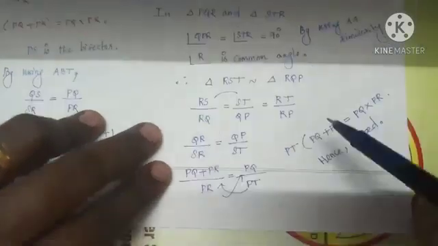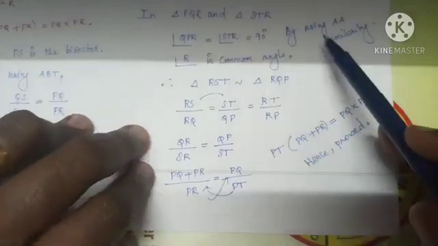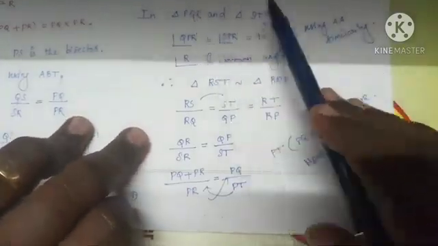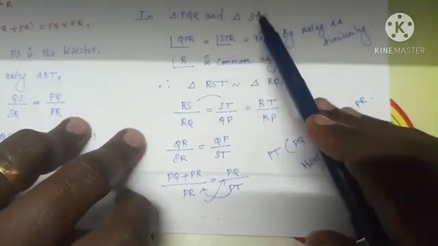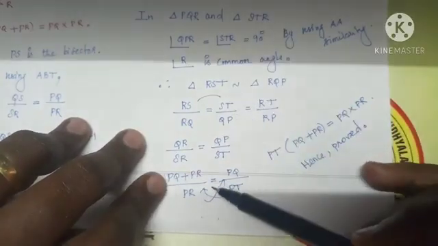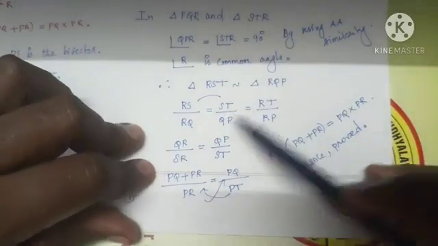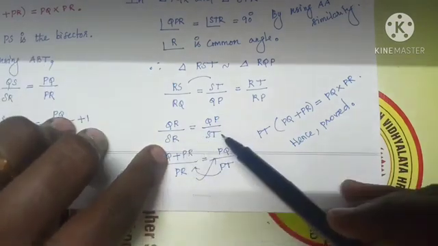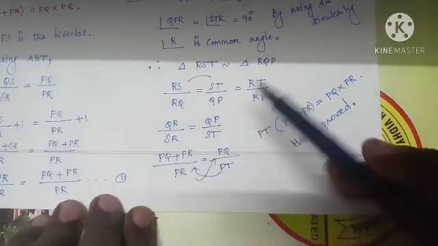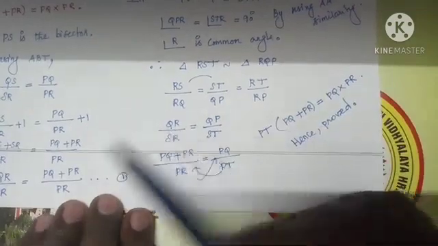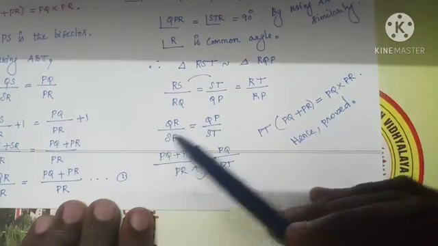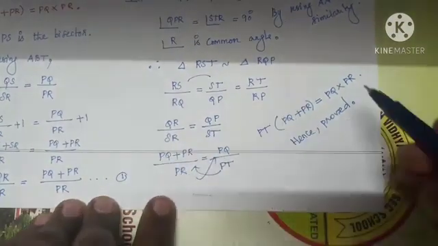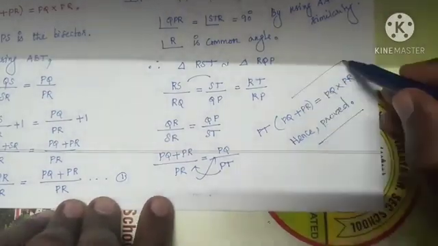Their corresponding sides are proportional, so we got QR by SR equal to QP by ST. Replacing QR by SR with the result we already found, we get the required result.